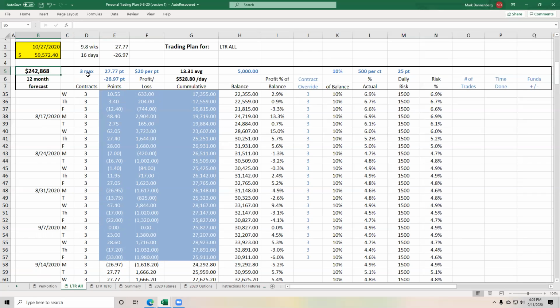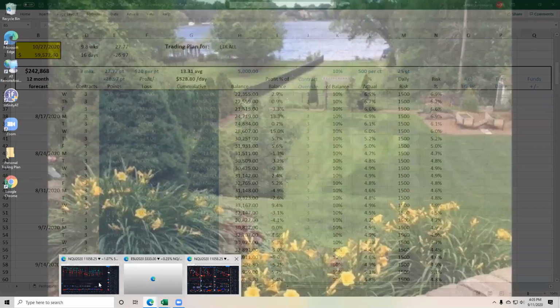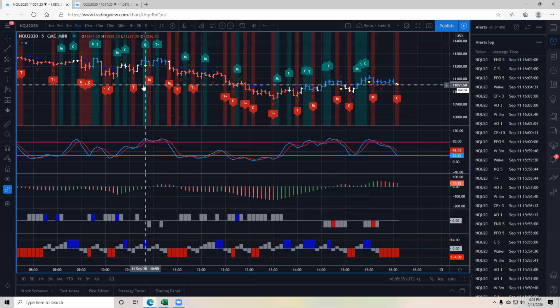By being able to confidently trade every day, take the signals that are presented to us, and then take our performance at the end of each day and put it into the trading plan, it's the best combination of factors. It simplifies our trading, gives us a known when is enough enough, and tells us where we're headed over the course of a year. And if it doesn't meet our expectations, then we've got plenty of time to adjust.